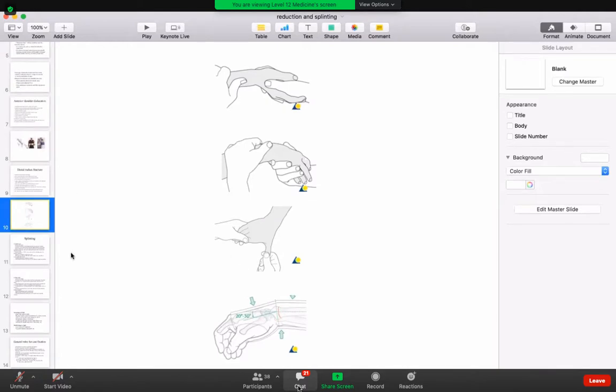So just to make things simple and clear, general principles of reduction in orthopedics: traction, counter traction, reverse the mechanism of injury. Always examine neurovascularly before and after the reduction. And then once you achieve the reduction, you have to maintain it with splinting.